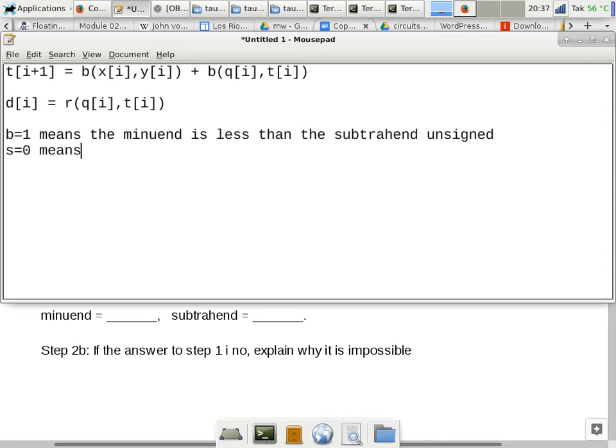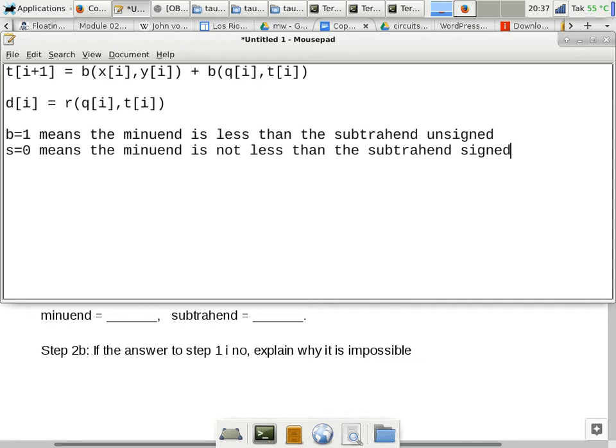So if the sign flag is a 0, it means, unless there's an overflow situation, it means the minuend is not less than the subtrahend, but in the signed interpretation. So the key here is to differentiate between unsigned versus signed. So you have to now give me a case where the minuend is less than the subtrahend when it is unsigned.